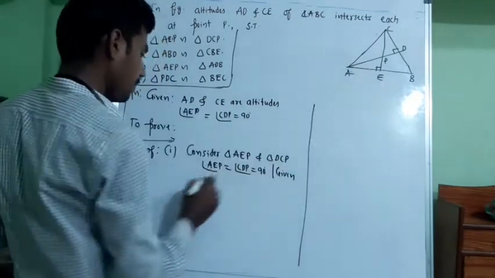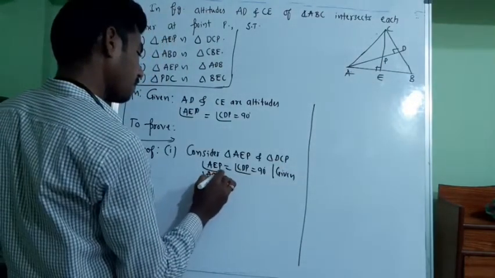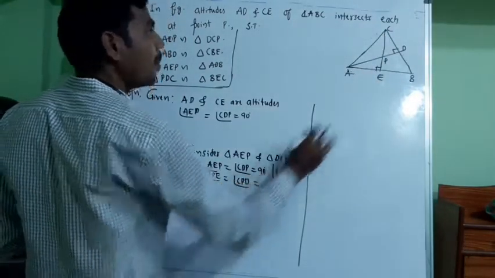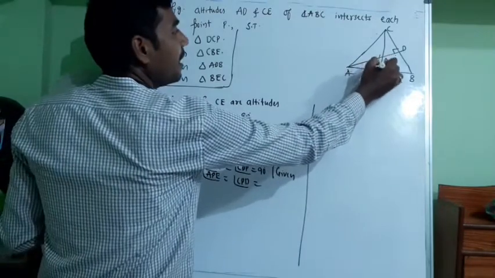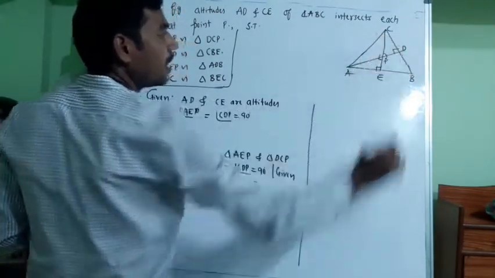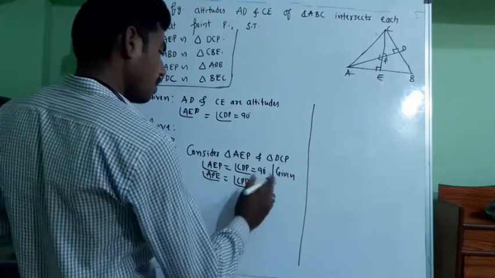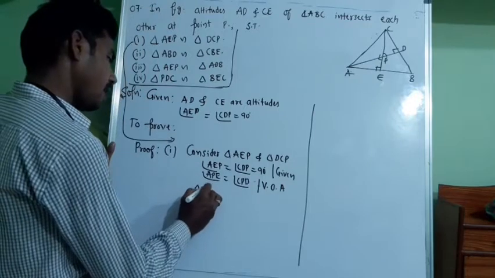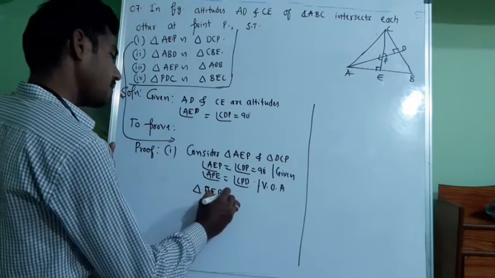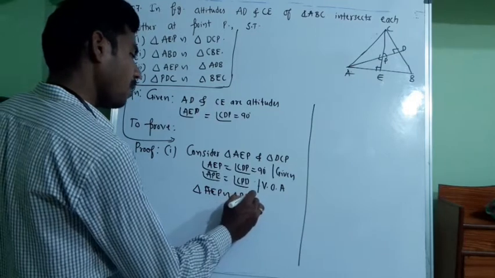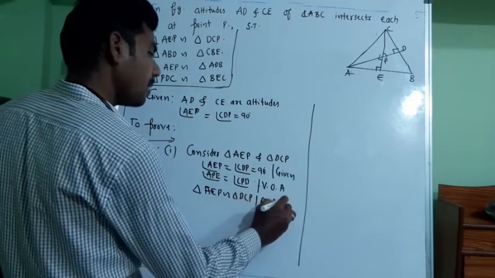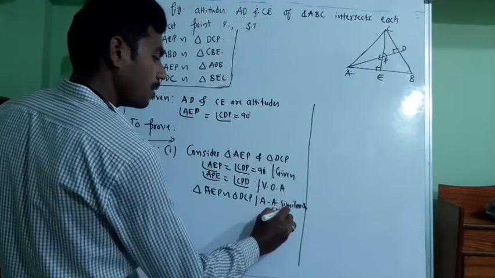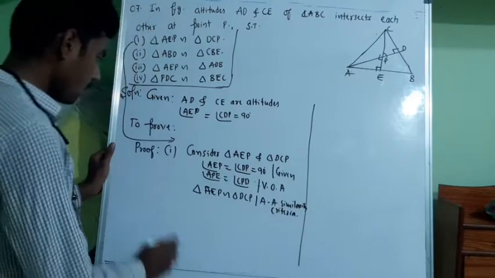Angle APE is equal to angle CPD. Why? Because both are vertically opposite angles. So triangle AEP is similar to triangle DCP. Why? Because of AA similarity criteria. Hope you understood.